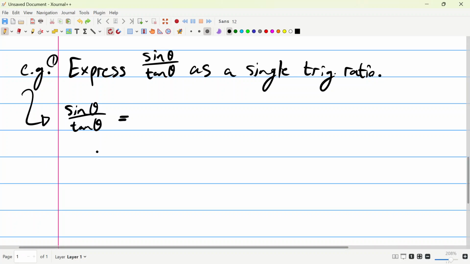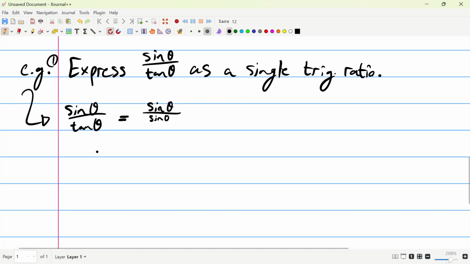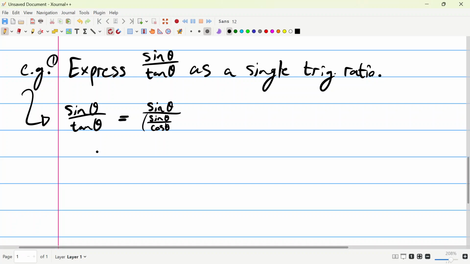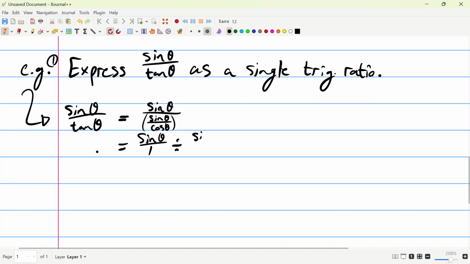Okay, so we know that this can be rewritten as sine theta over sine theta over cos theta. Okay, because that is the identity of tan theta. And we can use tip and times, right? So this would just be sine theta divided by 1 divided by sine theta over cos theta, right?